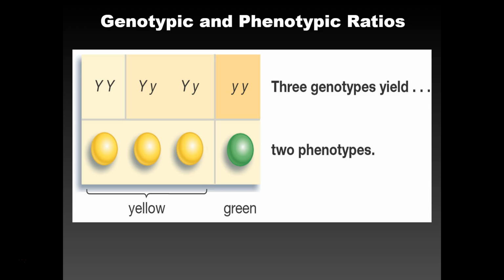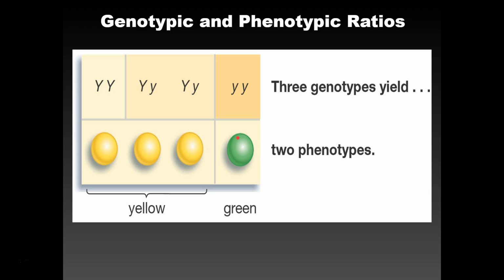So again, you have, like I was just saying, 3 genotypes yielding only 2 phenotypes. Homozygous dominant and heterozygous are only leading to yellow. So even though these have different genotypes, they have the same phenotype. Whereas this one, you can tell immediately what the genotype is because it has this green phenotype.